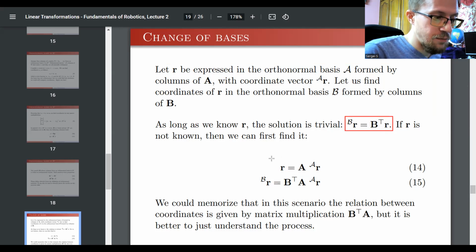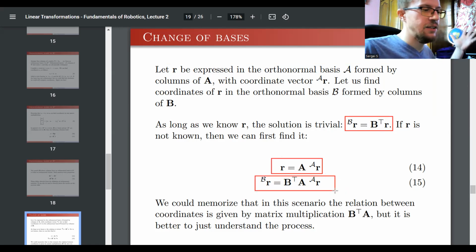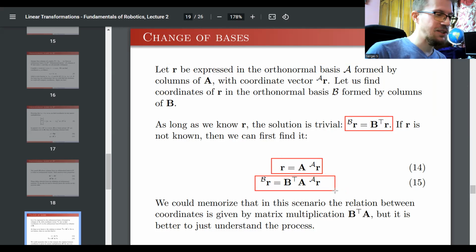We don't know R, but we can find it. So substitute, you get the expression. That is it. So apparently the transformation from coordinates in A to coordinates in B, in this case, is given by B transpose A.